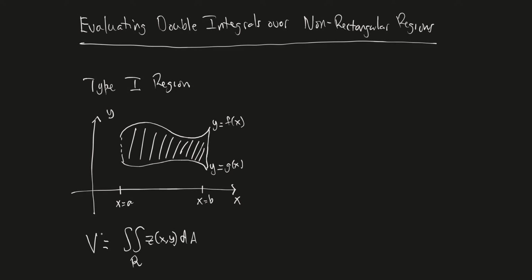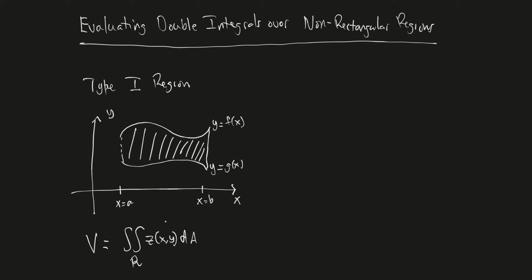Since the volume is still going to be a number, we want to make sure that after we've done the second integral and plugged in using the fundamental theorem, we get a number.